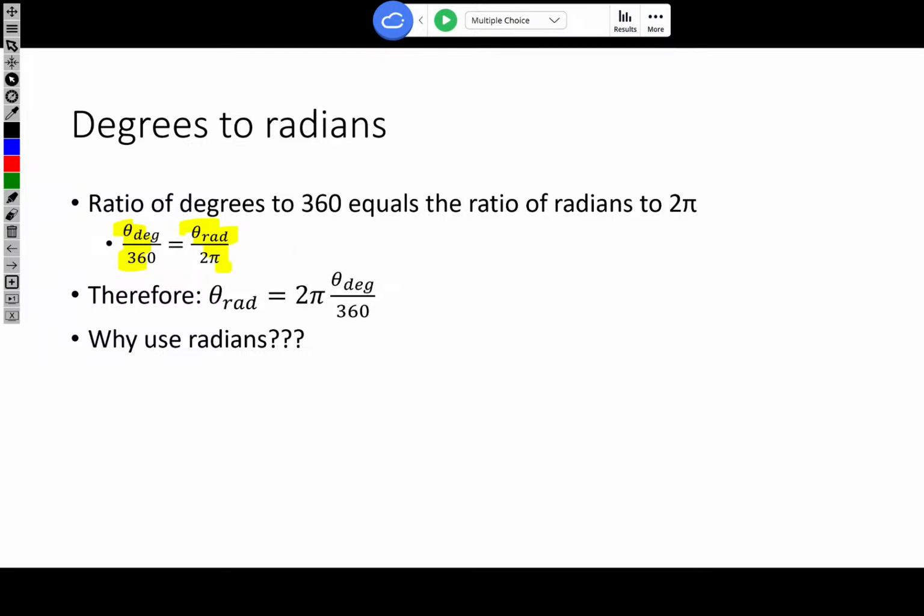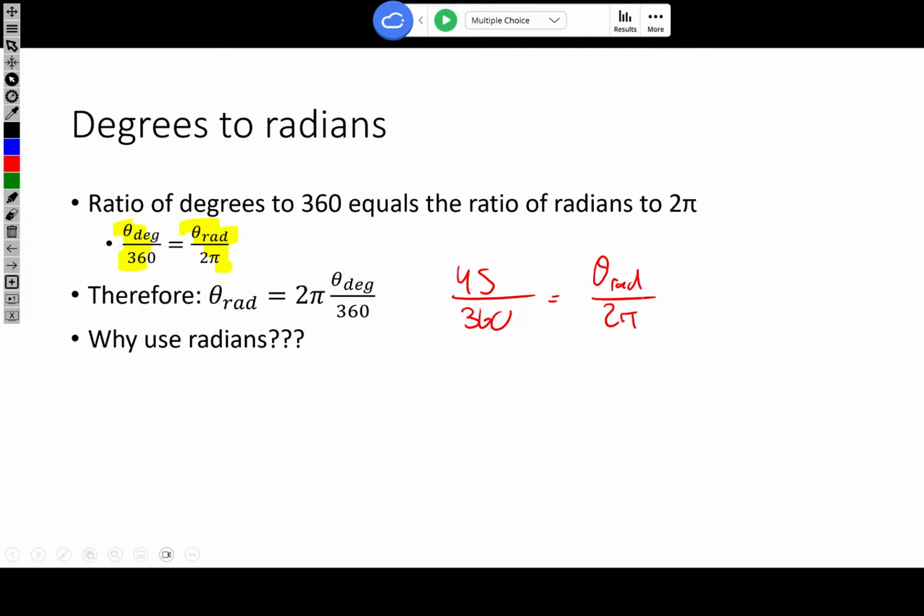So if we do the last problem, if you have 45 degrees out of 360, the question is how many radians out of 2 pi is that? You just multiply the 2 pi into that. That's the unit conversion if you ever have to do it manually. Alternatively, you have a calculator that could probably do it for you. It has degrees mode and radians mode. There's probably some way to make it work.